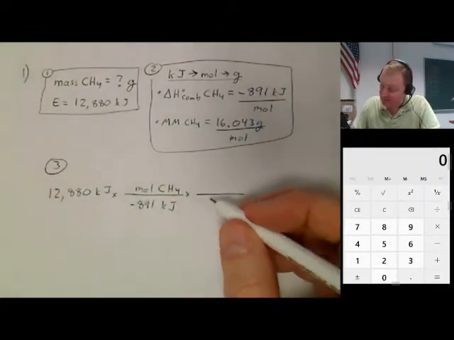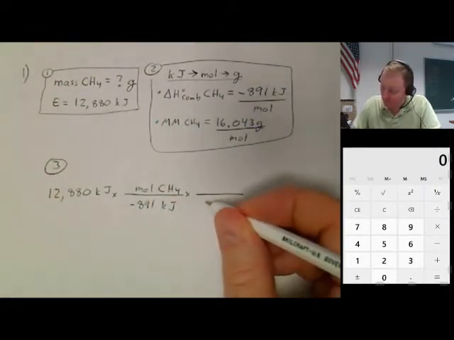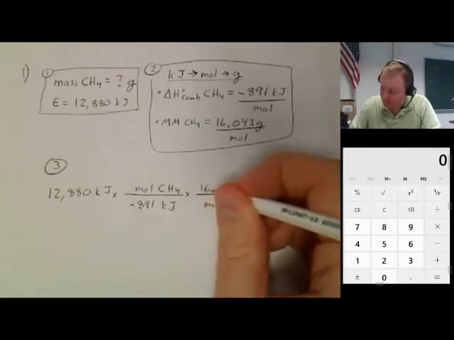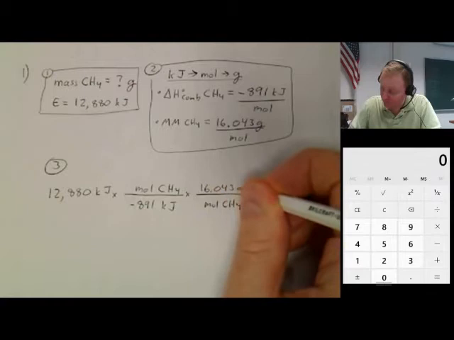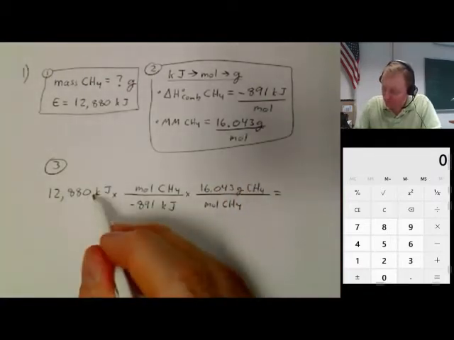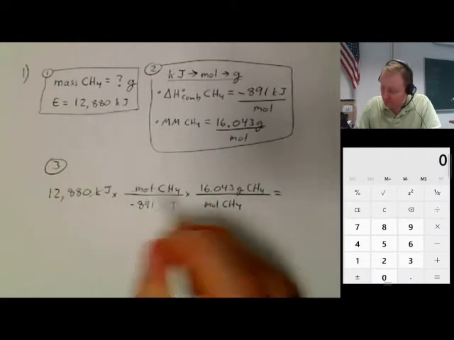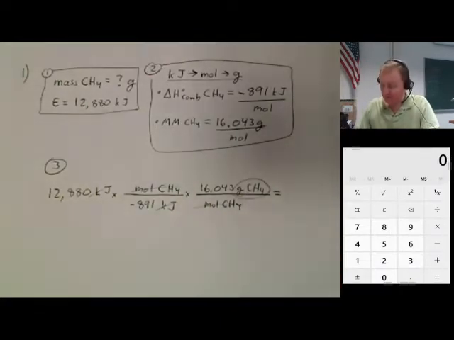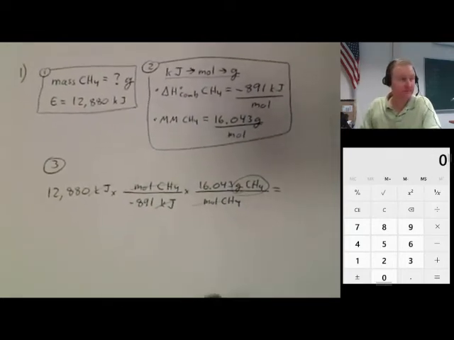So we can say here that for every 1 mole of methane, there is 16.043 grams of methane. Kilojoules cancel with kilojoules, moles of methane cancel with moles of methane. We're going to be answering in grams of methane. So let's give that a try here.